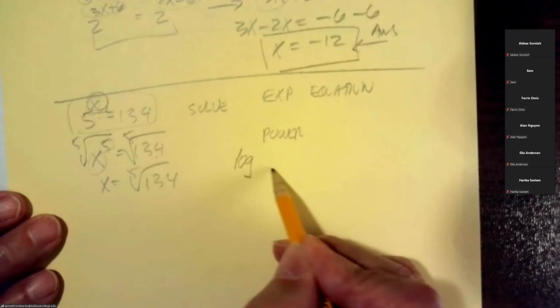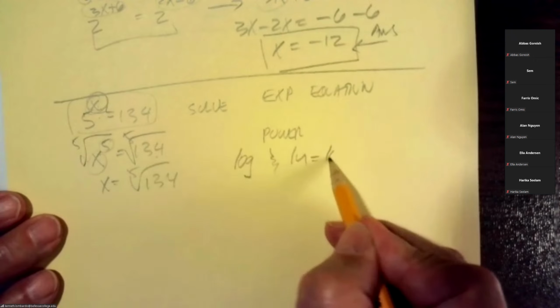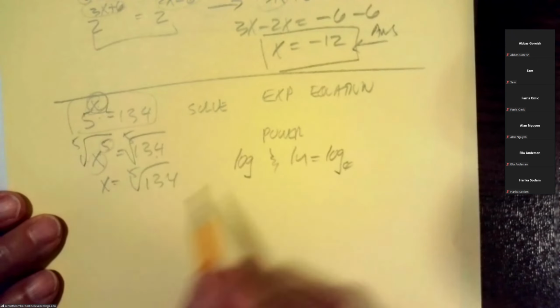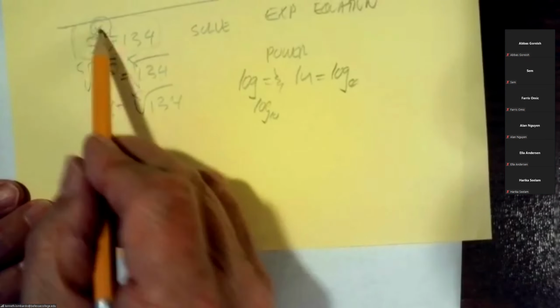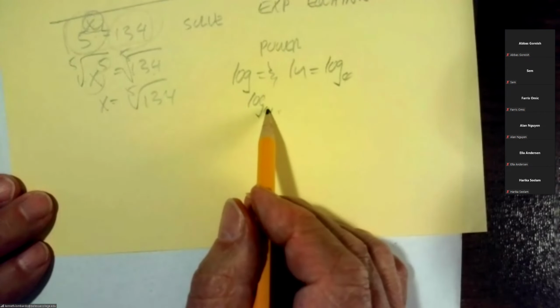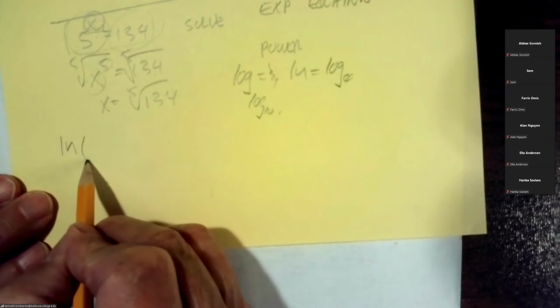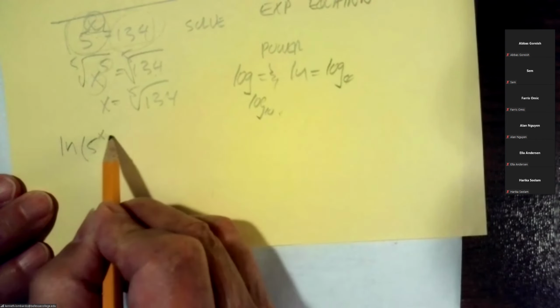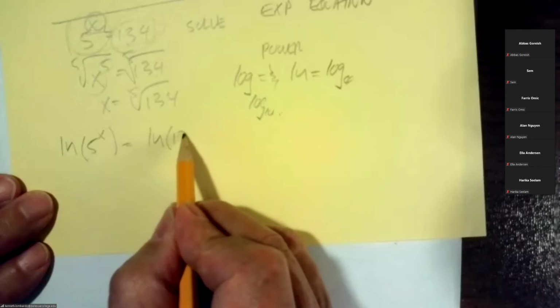They're log and ln, which happens to be the log base e, doesn't it? Where log is log base 10. So I could take the ln of each side if I wanted to. I could say the ln of 5 to the x equals the ln of 134.